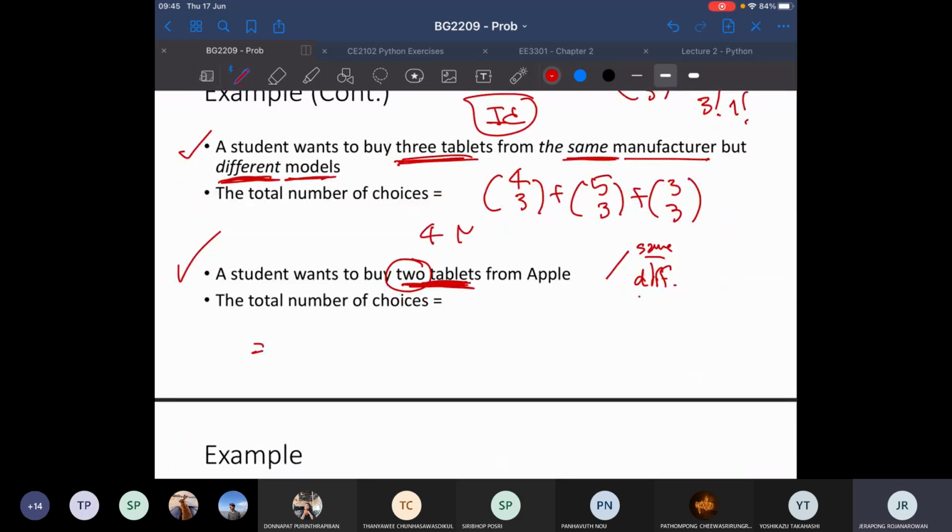You have 4 models, right? So you can use iPad Pro, 2 of them, iPad Air, 2 of them, iPad Mini, 2 of them, and so forth. So basically, it's gonna be only 4, if it is the same model. If it is different models, you can choose iPad Pro and iPad Air, iPad Air and iPad Mini, and so forth, right? So in that case, you have to do 4 choose 2, and then you add them.